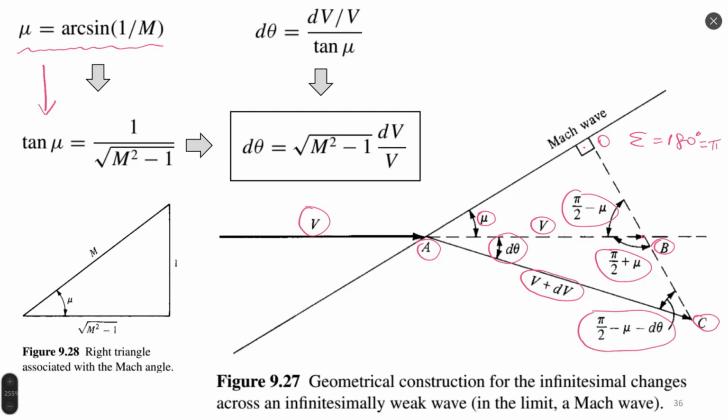And due to geometrical relations in this triangle, on figure 27, we can find the relation between the d theta angle and the velocity dV and V. Then we put together these two formulas, and we find the relation of d theta as a function of Mach number, the velocity differential, and the velocity value.